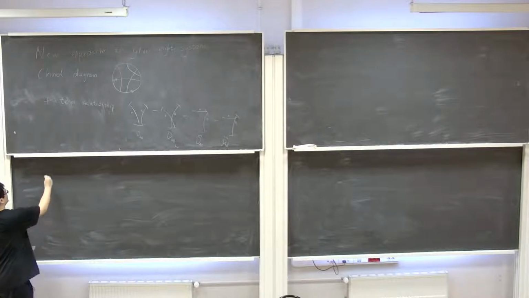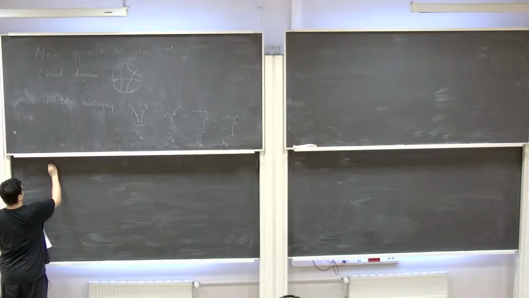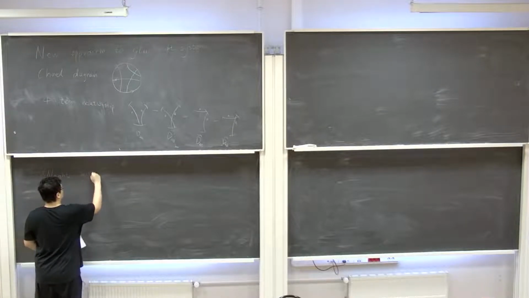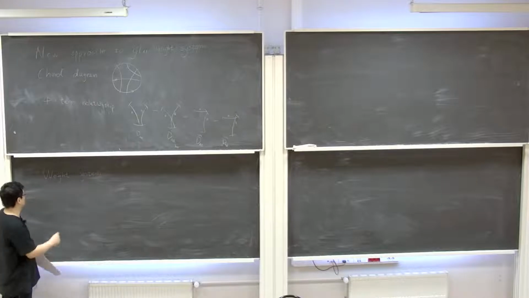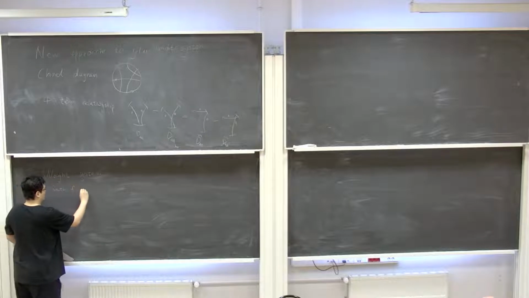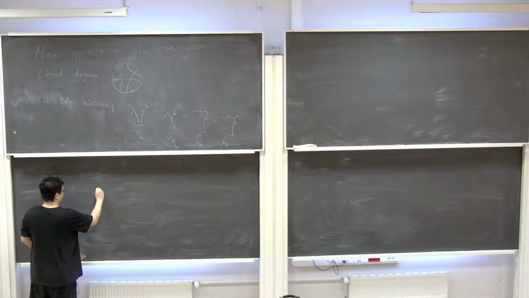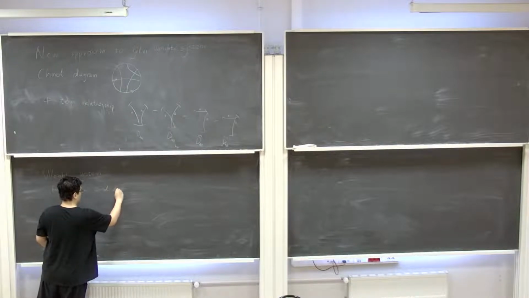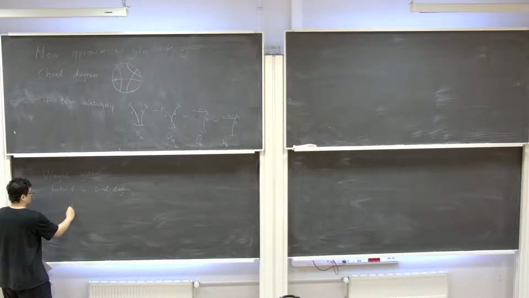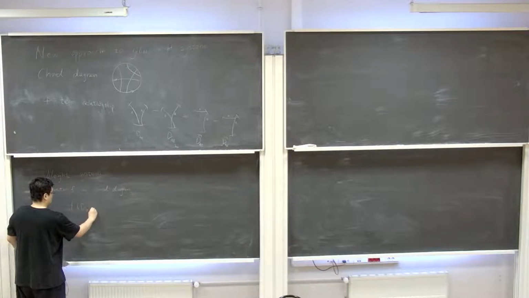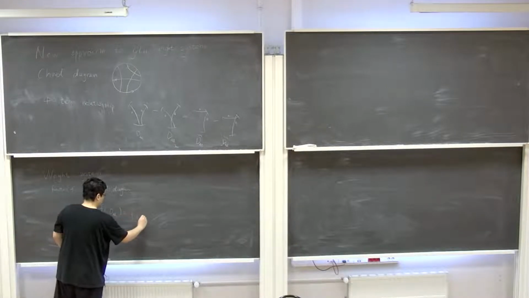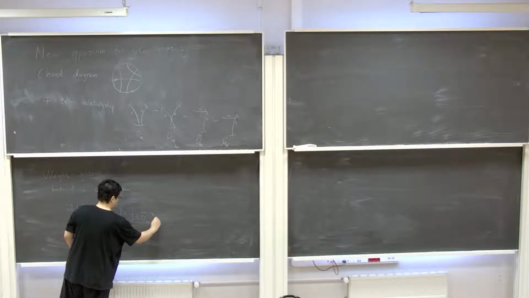I see. So next, the weight system. A weight system is a function f on the chord diagram, and it satisfies the four-term relationship, which is the difference of the values.